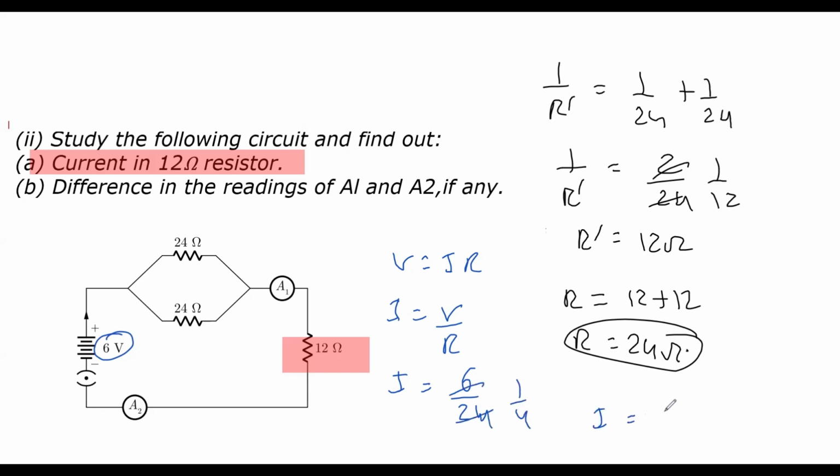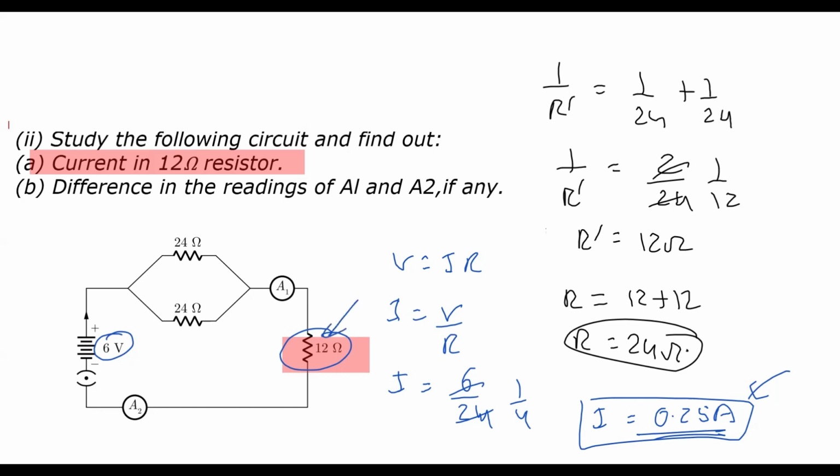So we can say that the current in the circuit is 0.25 ampere. Since this resistor is connected in series, the current over here is the same as the current throughout the circuit, which is 0.25 ampere. So your answer should be 0.25.